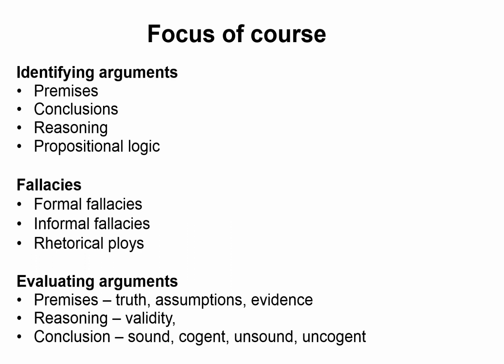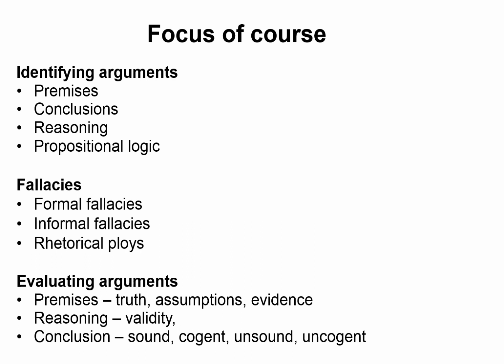In fallacies, we're going to look at formal fallacies, which discuss the structure or problems with the structure of an argument. Informal fallacies, which are about problems with the reasoning of the argument. And rhetorical ploys, which focus on emotional strategies.